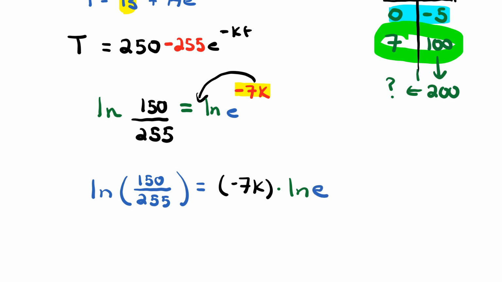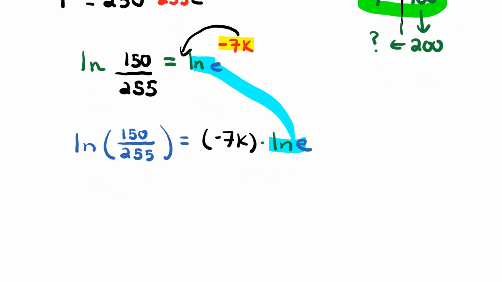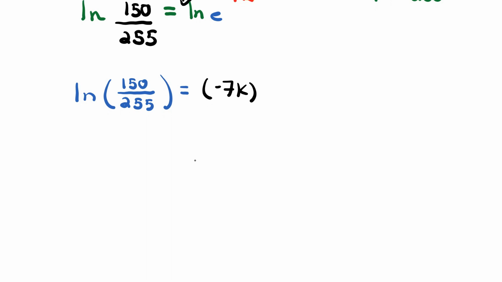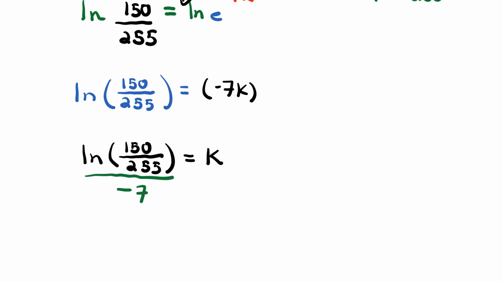This ln e is that ln e, and we all know that ln e is just 1, so I can erase that. Then I can divide both sides by -7, so k equals ln of 150 divided by 255, divided by -7. And just like in the previous problems, I can put that in the front as -1/7 times all that. So that's my value of k.